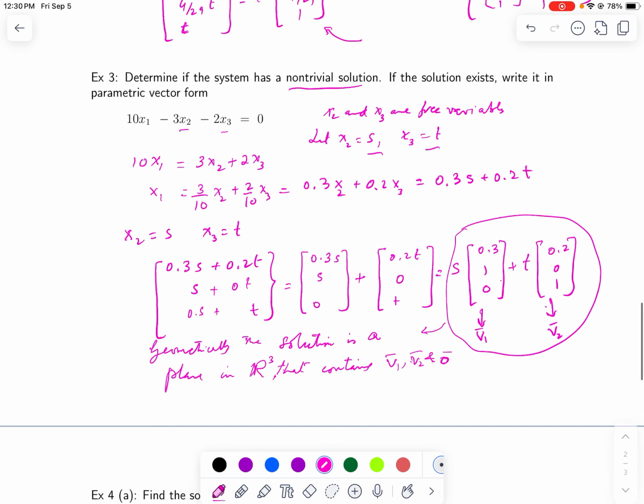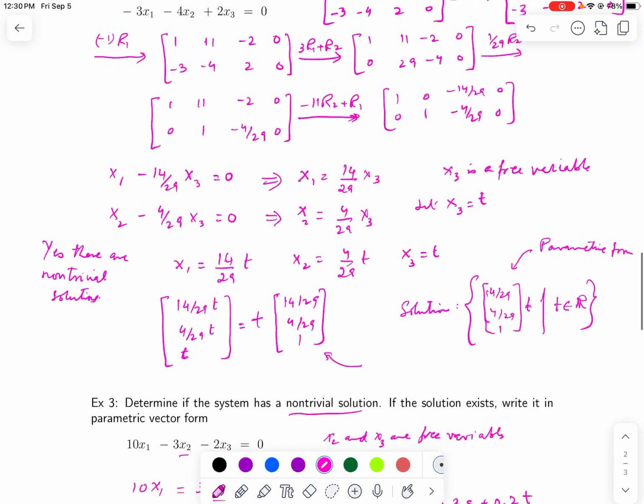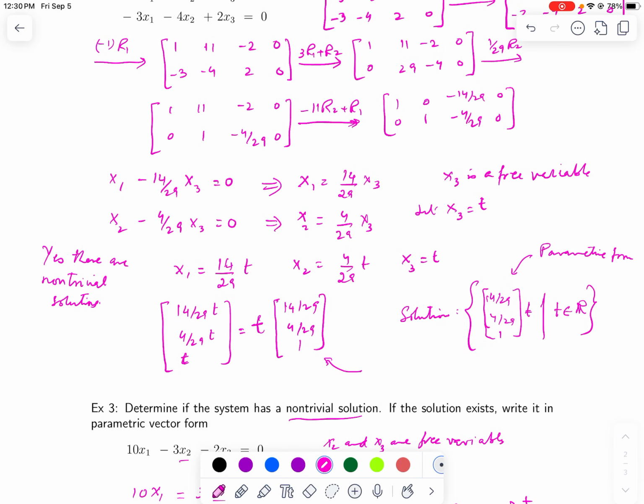If you look at the previous one, this was only one vector and then we have a parameter, not constant, sorry, values change. So it's a parameter, so it can take any real value. So what is this? This is multiples of this vector.